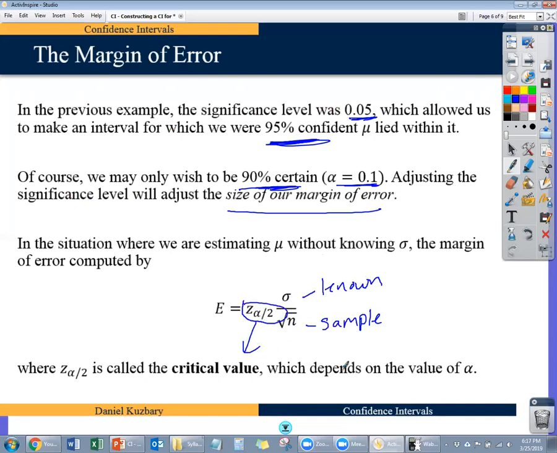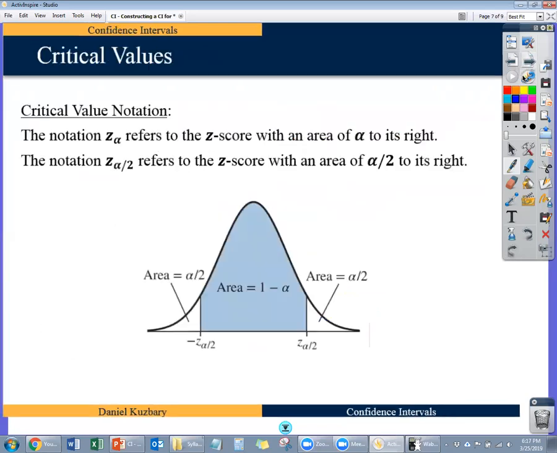It corresponds to the standard normal distribution, which you should have worked with before you got to this video. So this is called a critical value, which is an important thing. This is critical value notation. If you see the notation Z with a little alpha down here, alpha is a significance level.